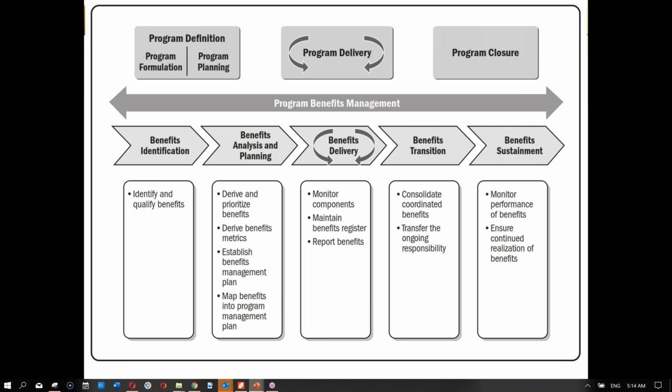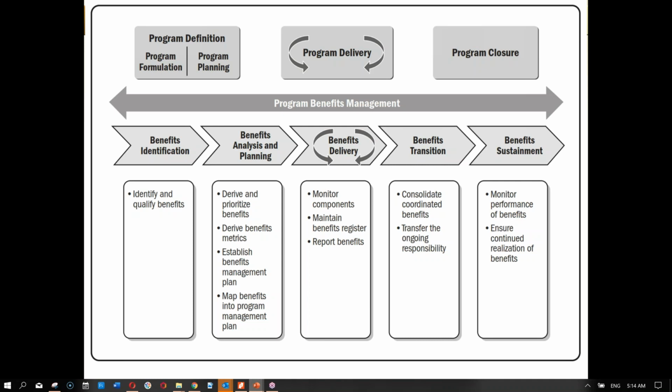So transition means that we are handing it over to the other part. This is the transfer of the ongoing responsibility. And once we have handed it over, it is no more our responsibility. The last thing we need to ensure is that whatever we are handing over is going to be sustainable.